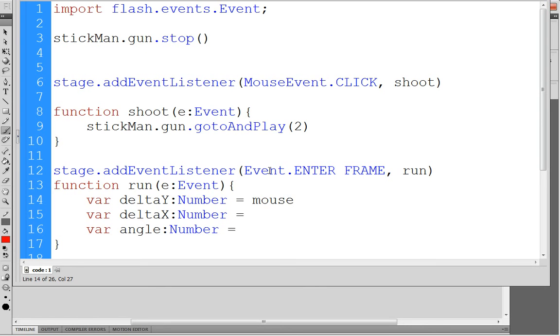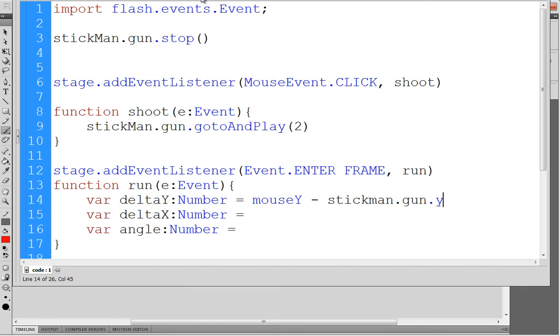Exactly that. But there is an exception for mouse y: we have to write mouseY in a single word with a capital Y. Minus the coordinate of the shoulder, which is stickman dot gun dot y.